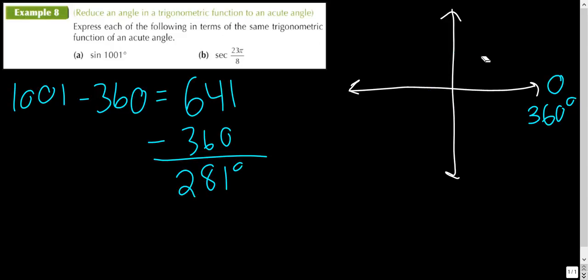We're not all the way around the circle, but we are pretty close. We've moved quite a distance. So we've gone all the way around, and we're now down here. This is like 281 degrees. So that's pretty good.